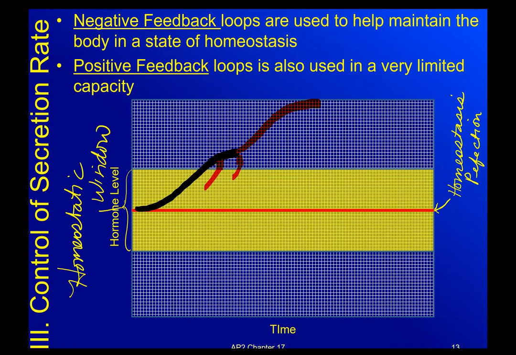It tries to get you back to that red line. Positive feedback keeps pushing you away from that red line. So that's the basics of negative and positive feedback. And to be honest, that's how this works. Your hormones and how they're secreted and how they're controlled, it's basically either a negative or a positive feedback loop. Okay.